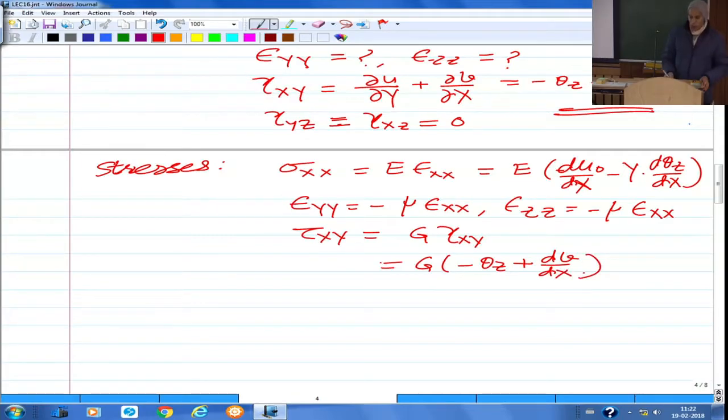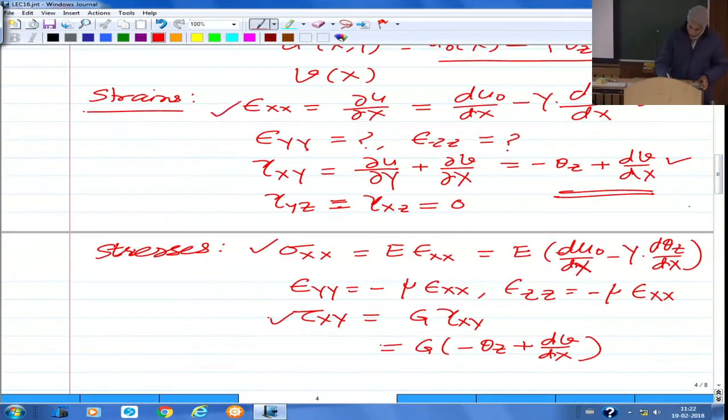The other shear stresses, that is tau yz and tau xz, are going to be 0. So you are assuming that throughout the beam, sigma yy, sigma zz, tau xz and tau yz are 0. The only non-zero stresses are sigma xx and tau xy. The corresponding independent components of strain are epsilon xx and gamma xy.